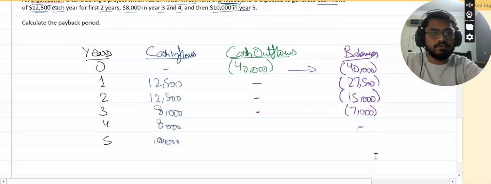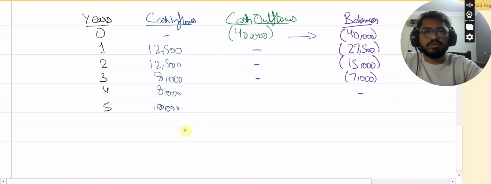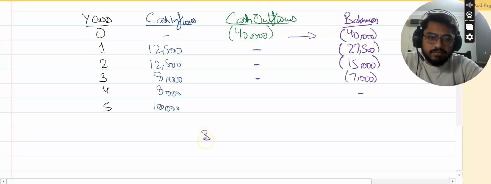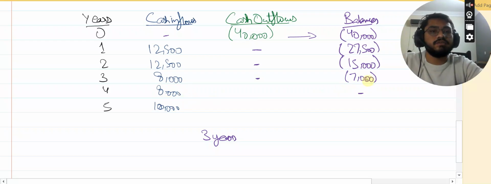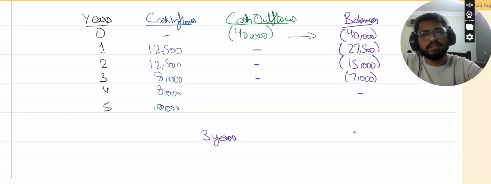Okay, so how much time did it take to recover the total investment? It took a total of 3 years first of all, and then in the 4th year we have a cash inflow of $8,000, but we needed only $7,000 for the recovery. This means that it took less than the whole year to recover this amount. Now how are we going to calculate this?